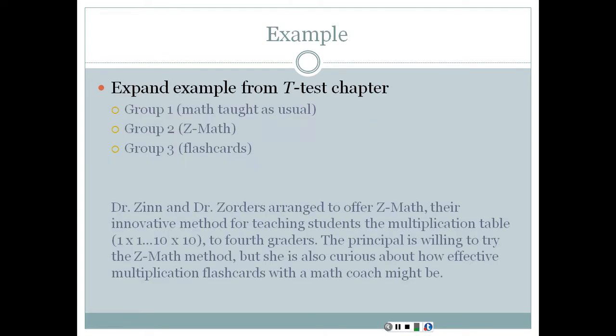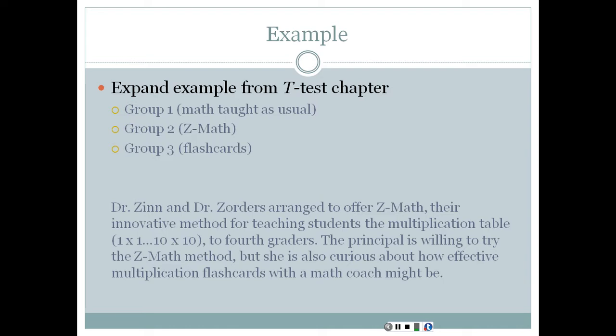So, with that being said, we're actually going to expand the example from the t-test chapter, in which we had 3 groups, and each group of students was getting taught by a different math method. Group 1 was math taught as usual.